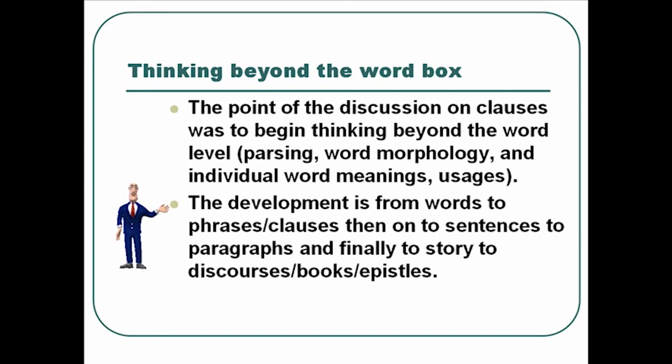And then finally, the whole story comes together, being made of words, phrases, clauses, sentences into paragraphs, paragraphs into whole stories or discourses. And these discourses, these various stories, say of Jesus walking on the water or feeding the 5,000, these stories then are put together into a book and into an epistle. And the whole book then has a meaning, a purpose of why it was written. And so the paragraphs form discourses, and the discourses end up forming units like epistles and books.